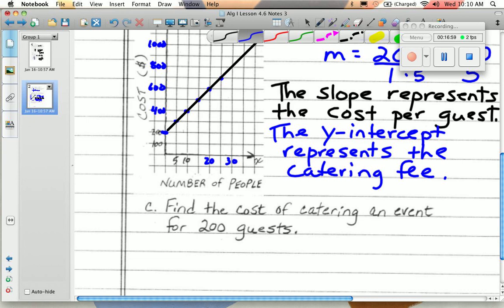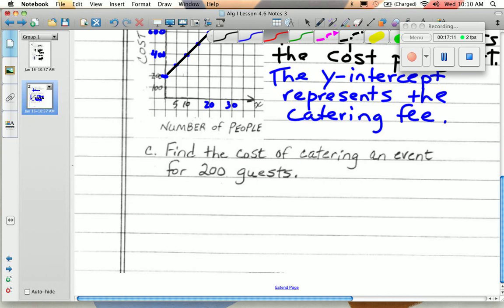Doesn't go up far enough, does it? Up to about 40 guests, that's not very useful. What's the other way then we could do it? Plug it into the equation, right? What's our equation? y equals 20x plus 200. We're going to have 200 guests. One big party.